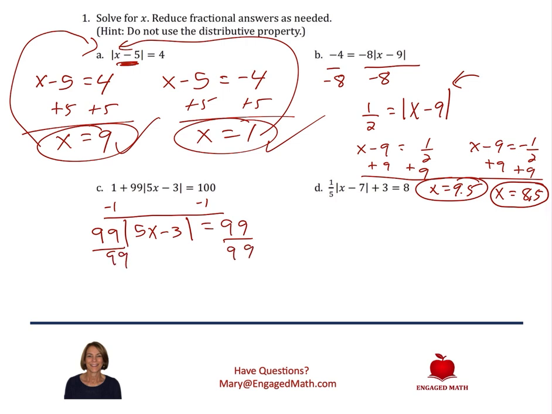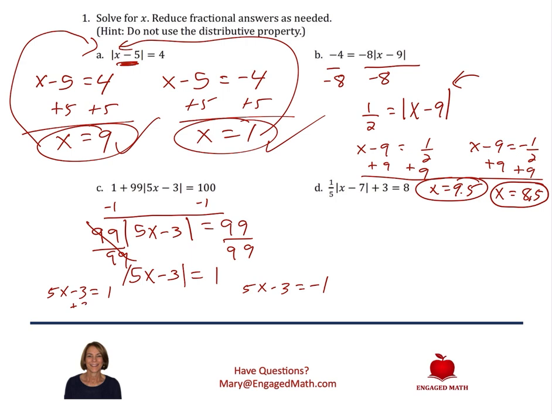And just like that, we get the absolute value of 5x minus 3, because this cancels, equals 1. Okay, now that's still in the absolute value. So now I have my two equations. My first one is going to be 5x minus 3 equals 1. And the other equation is going to be 5x minus 3 equals negative 1.